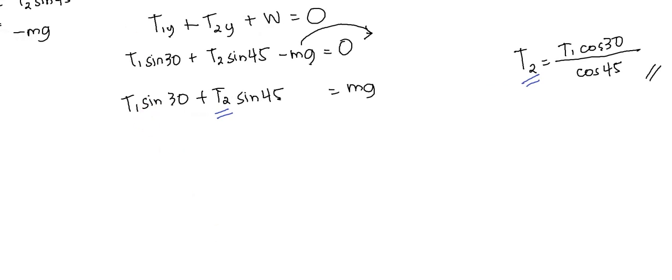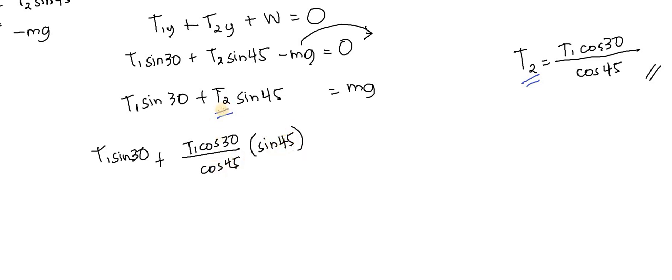So let's just copy this one. This is t1 sine of 30 plus, again, substitute that. So that will be t1 cosine of 30 over cosine of 45, and then we still have here sine of 45.